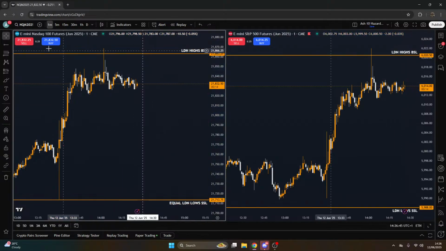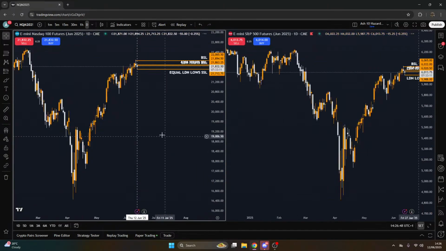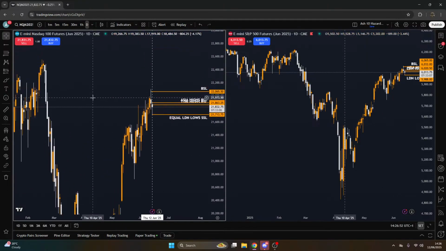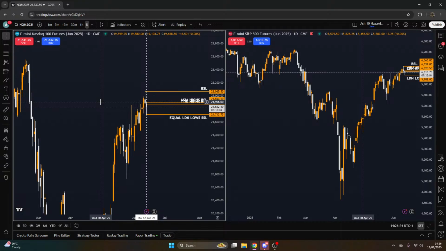Alright, cool. So bias for today, the reason for my daily bias being bearish is because firstly, on the daily time frame, they are not equal in MNQ.